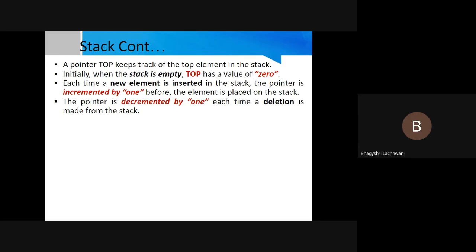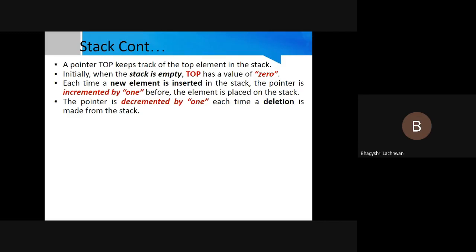Whenever you are inserting an item into the stack, that means you are using the push operation. At that time you will increment the value of the top counter by 1. So previously, at the start, top was on 0.